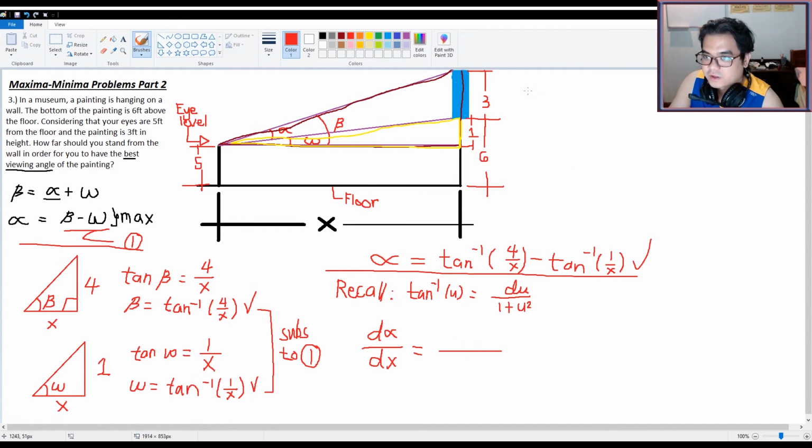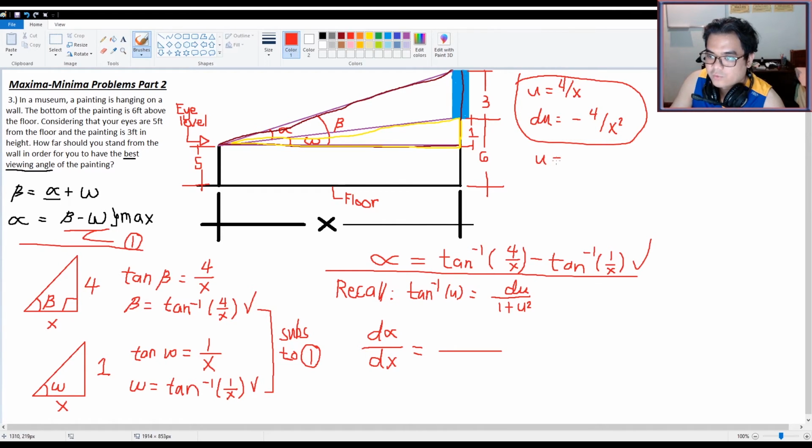If your u is 4 over x, therefore your du will be, by the quotient rule, negative 4 over x squared. While if your u for this part is 1 over x, your du, again using the quotient rule, will be negative 1 over x squared.